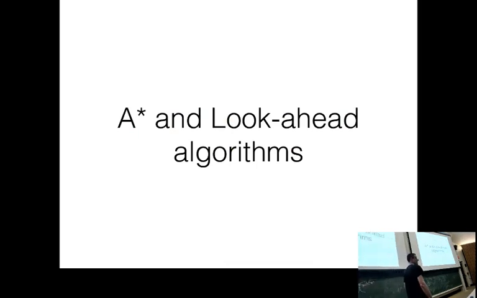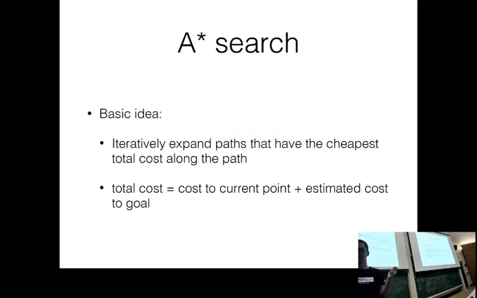Another entirely different class of algorithms you can use is A-star algorithms. I think the creator of A-star actually died recently, which is kind of sad. For A-star search, you want to expand upon paths that have the cheapest cost to your target.